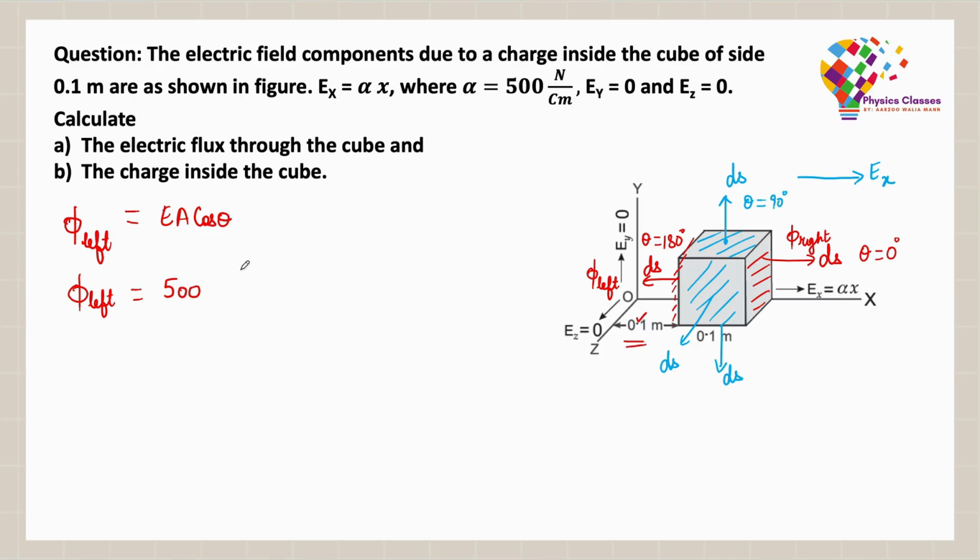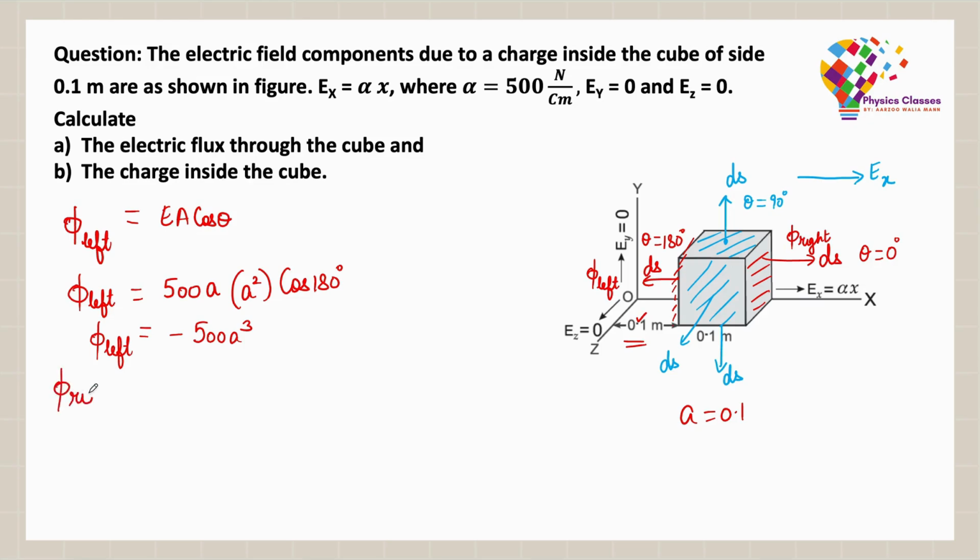X for the left surface is 0.1, or I can just take it to be a for the time being, and I can substitute this later. Because it's a square, the area would be a squared. I have assumed that this side is 0.1, that is a. Now cos theta is going to be cos 180 degrees, so the flux due to the left surface comes out to be minus 500 a cube.